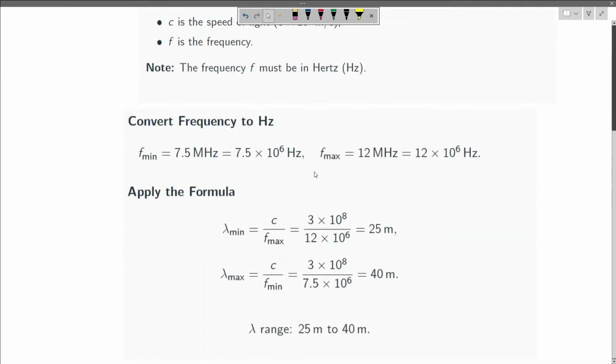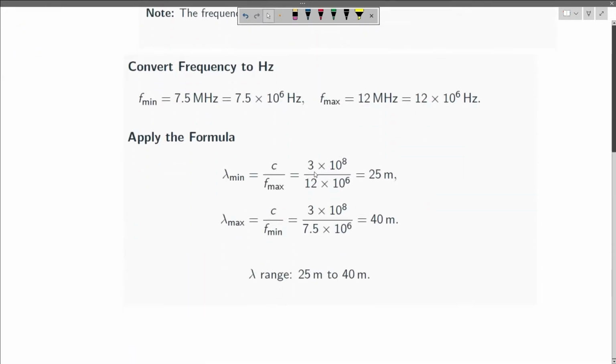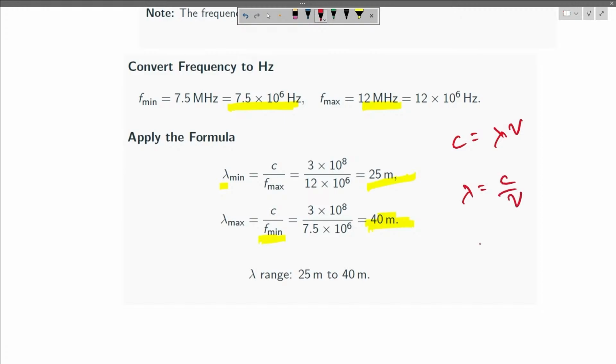Let's calculate. The highest frequency is 12 megahertz and the lowest frequency is 7.5 megahertz. For the maximum frequency of 12 megahertz, the wavelength is going to be 25 meter, and for the lower frequency, lambda is going to be maximum, that is 40 meter, because lambda equals c by nu and nu equals c by lambda.